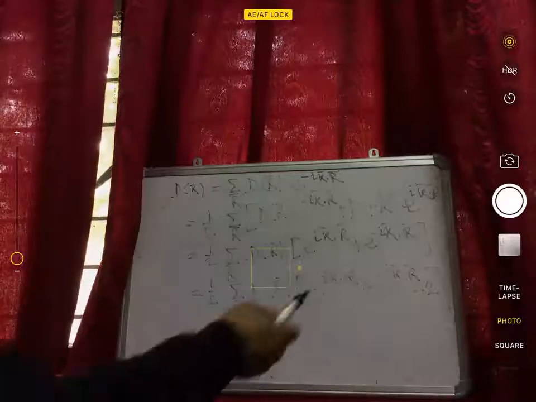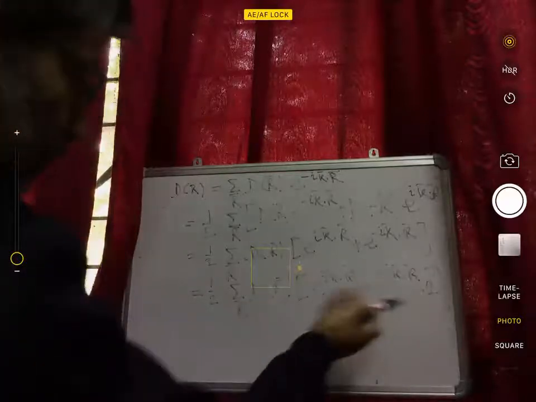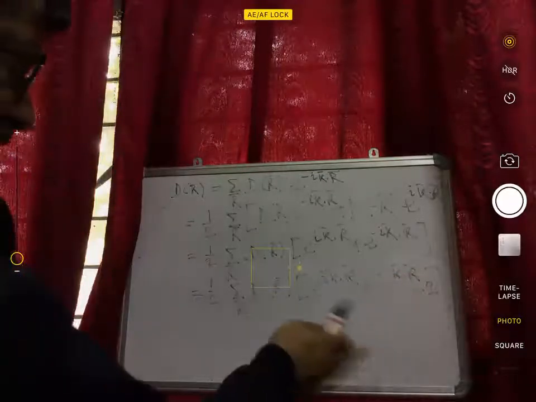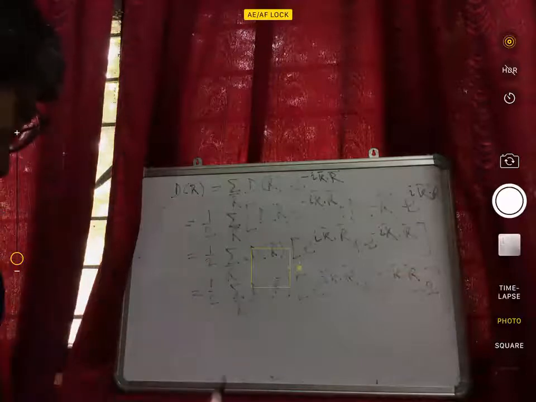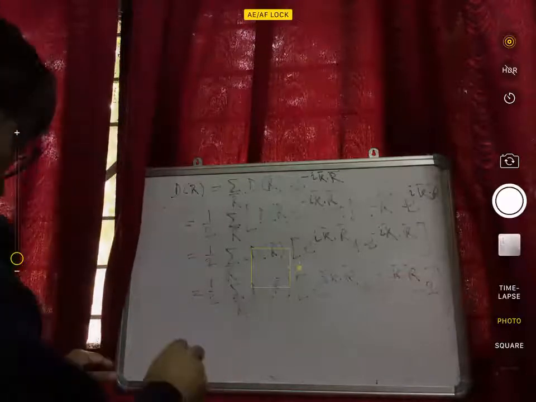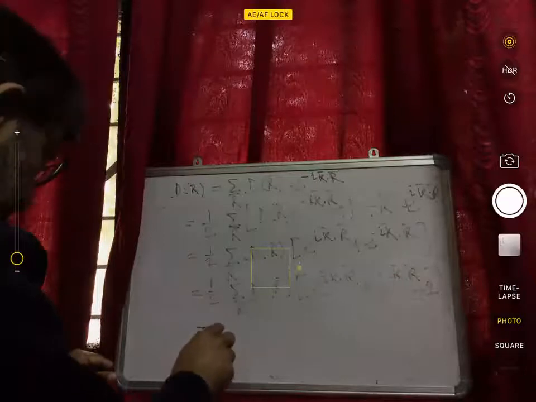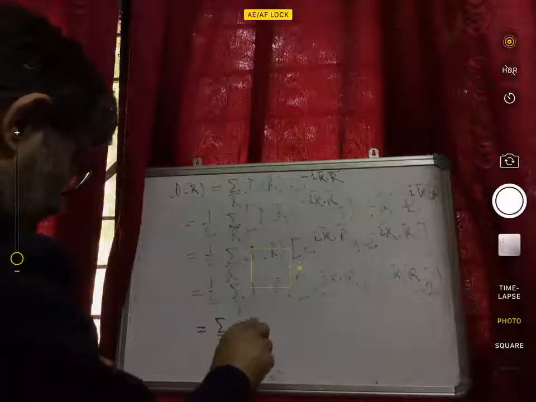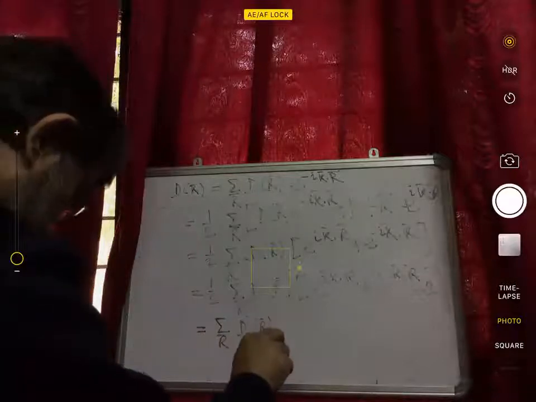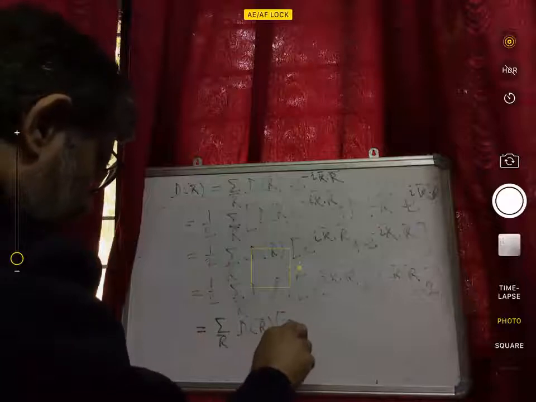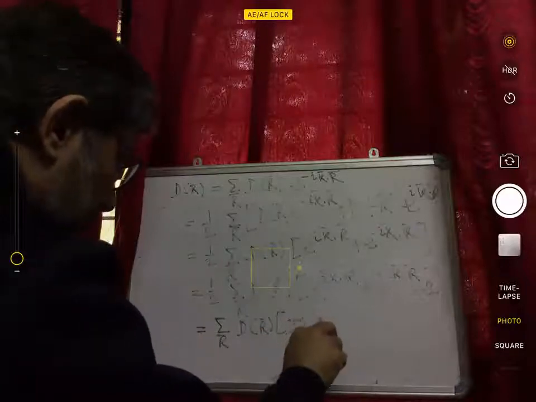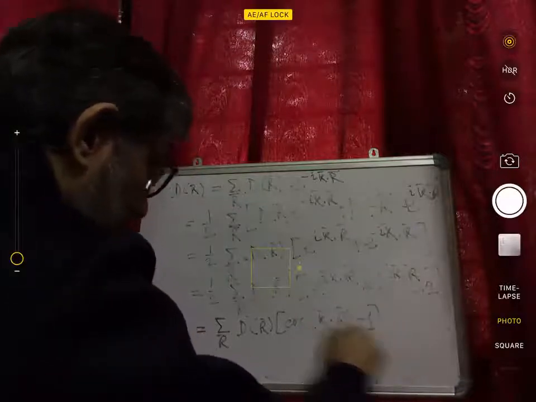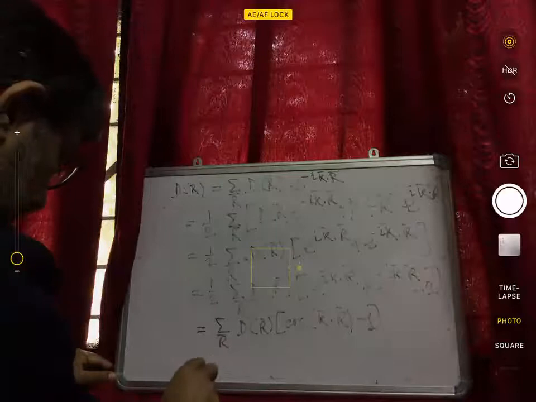Okay, so these two will give me twice cos theta, that is cos k dot r, and I can pull the 2 outside, which will cancel this factor of half. So I get this.